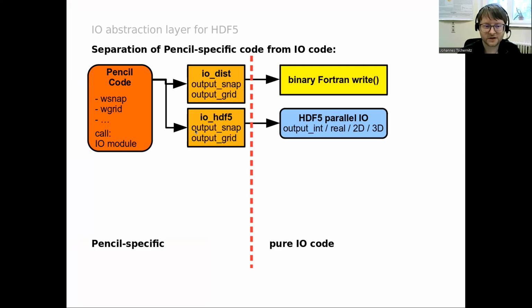The functions output snap and output grid are also, for example, in the IO HDF5 module, but of course they are different, so that they call the necessary routines.